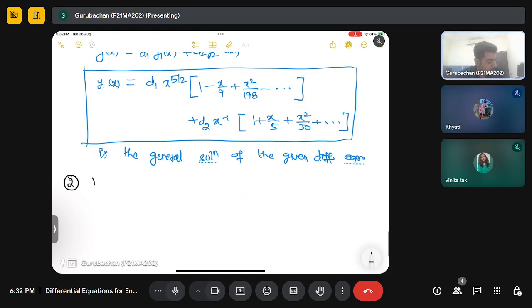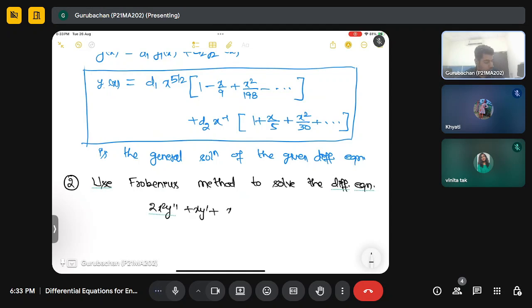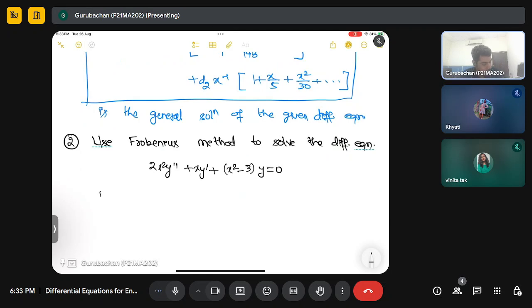Use the Frobenius method to solve the differential equation 2x square y double dash plus x y dash plus (x square minus 3) y equal to 0 in some interval 0 to r.